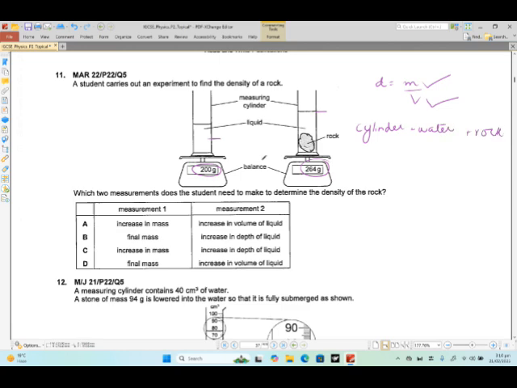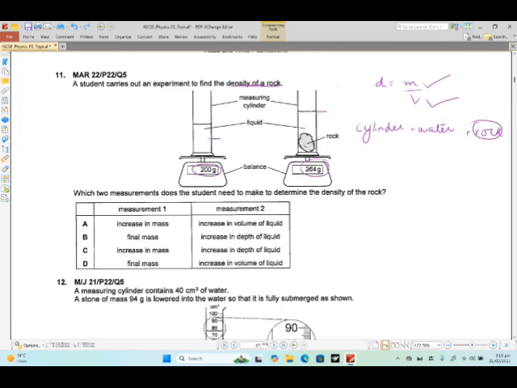And in order to measure the density of the rock, we just need the mass of the rock, and we don't need the mass of the cylinder and water. So we just need the measurement which is the increase in mass, which is found by subtracting the initial mass from the final mass.